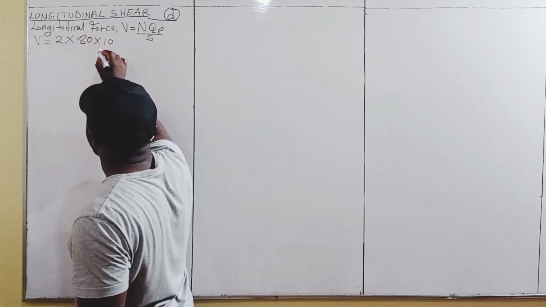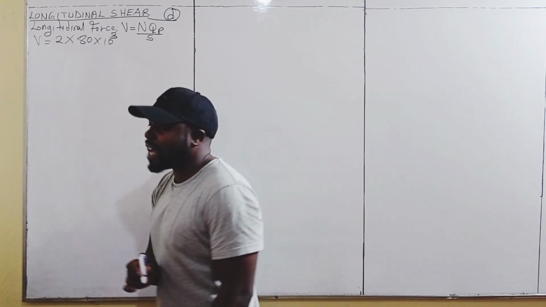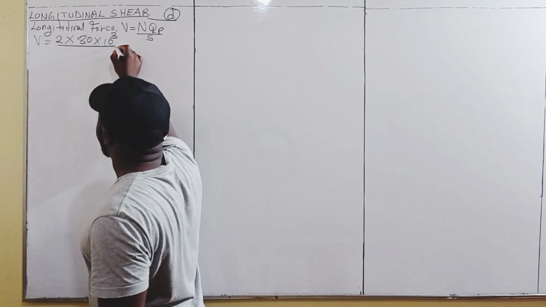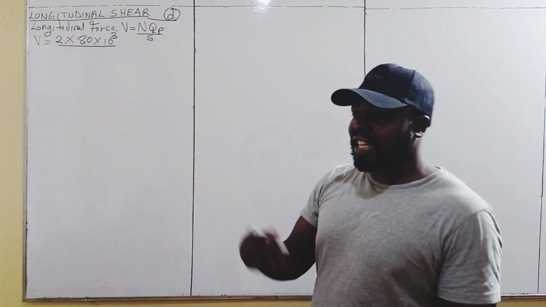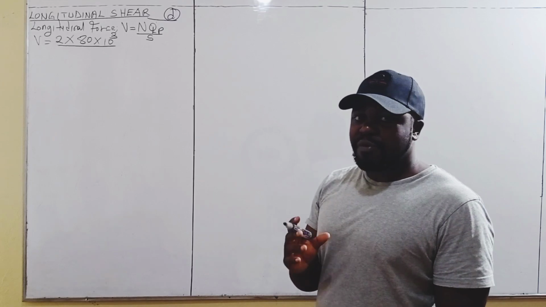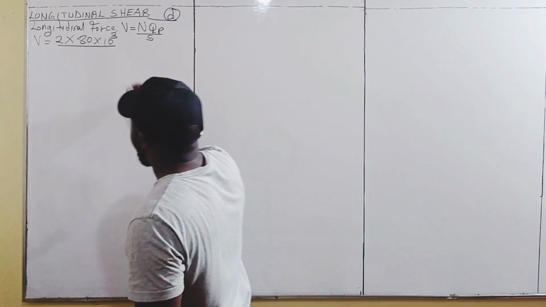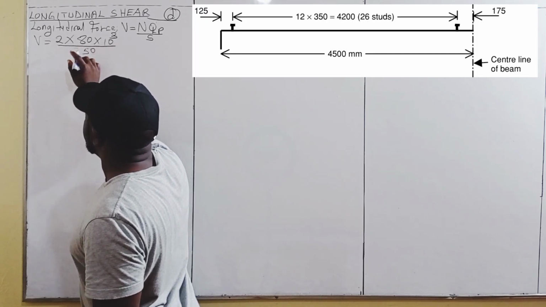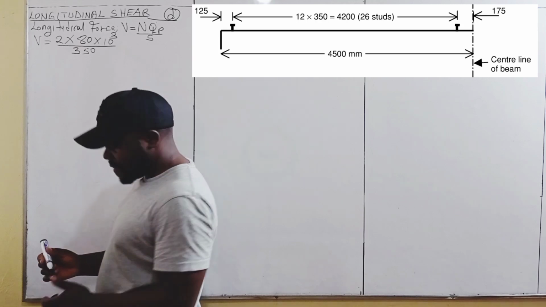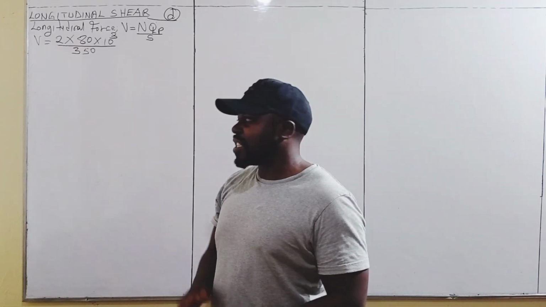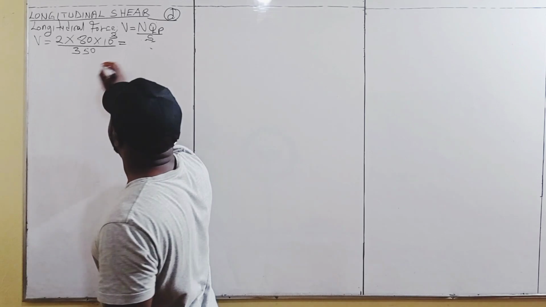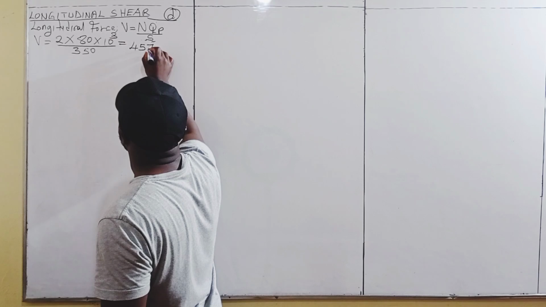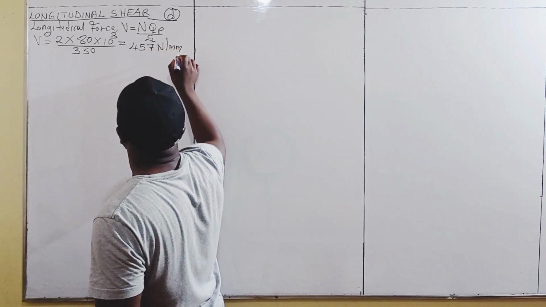We convert to newtons by multiplying kilonewtons by 1,000, which will be 10 raised to the power of 3, divided by the longitudinal spacing center to center of the groups of shear connectors, and we approximated it to 350 millimeters, though we got 375 millimeters, but 350 looks a bit safer. Therefore, the longitudinal force V will be equal to 457 newtons per millimeter.